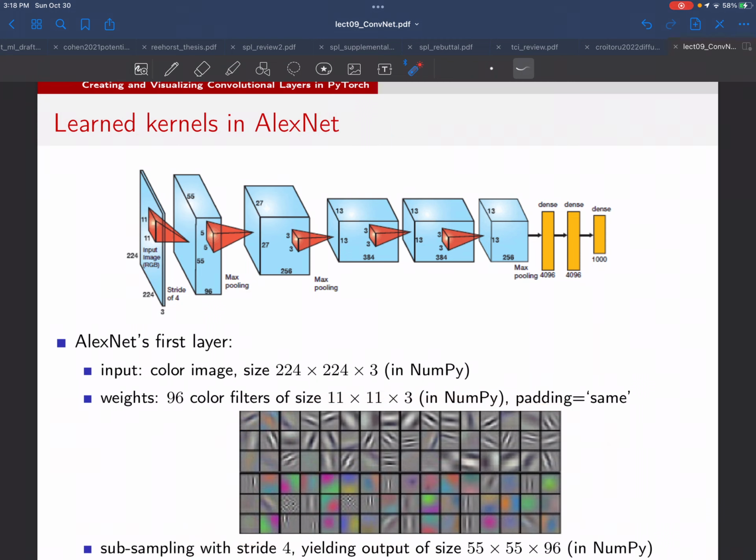And I want to emphasize that these are not things that we have made up. These are things that were learned using the ImageNet data set for the purpose of eventually classifying among 1,000 classes. But these are the kernels that it found most useful for that learning task in the first layer.